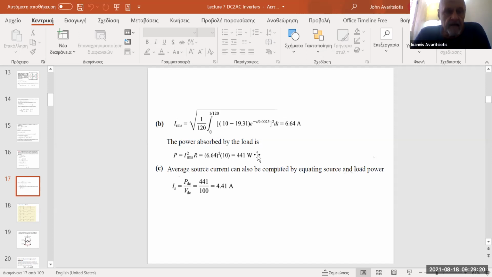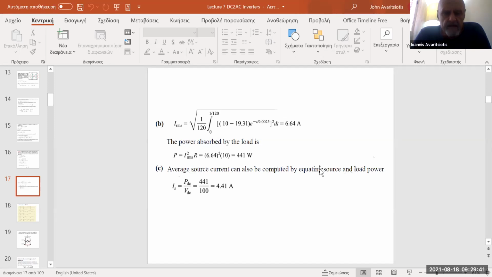And what is missing now is the average source current. In other words, we can calculate the average source current by equating source and load power.